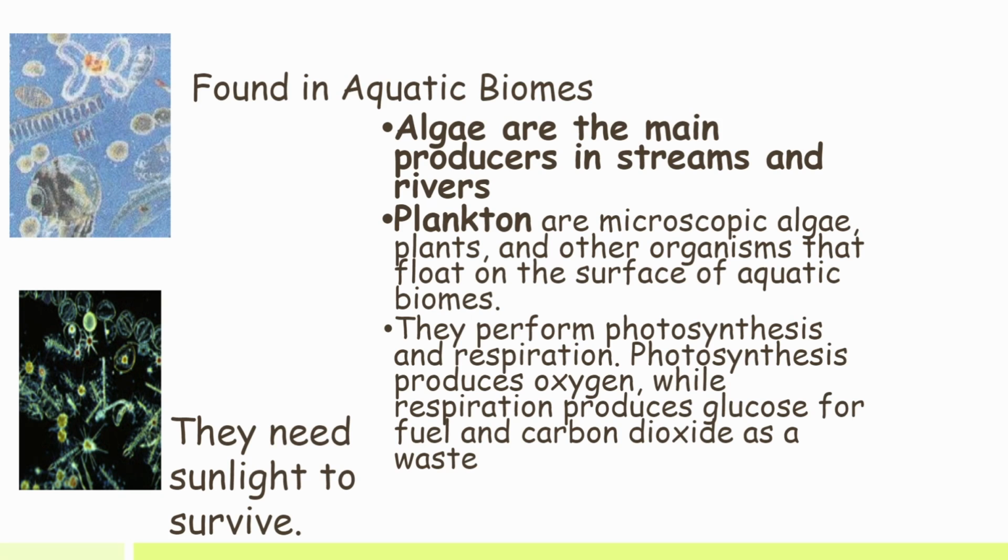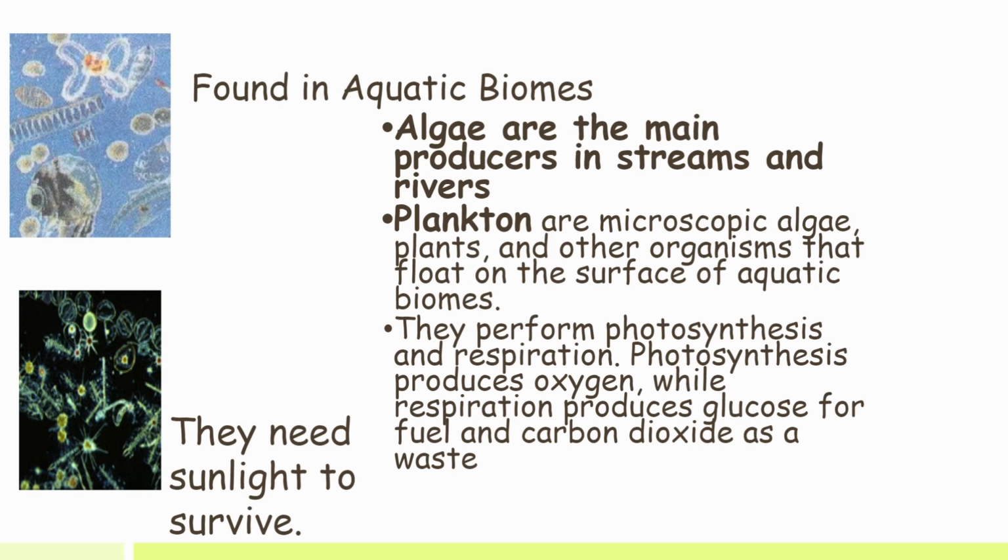In aquatic biomes, you can find algae or cyanobacteria, and they're the main producers in streams and rivers. Something like plankton would be microscopic algae, and they float on the surface of aquatic biomes. They can also perform photosynthesis and cellular respiration, and for them, photosynthesis produces oxygen, while respiration produces glucose for fuel and carbon dioxide as a waste.